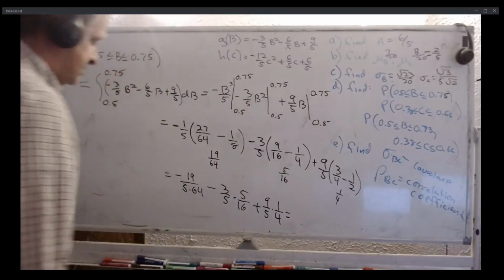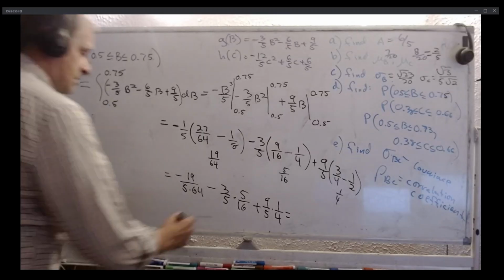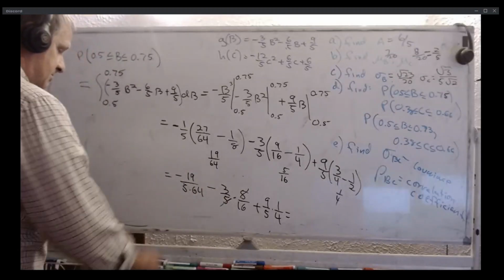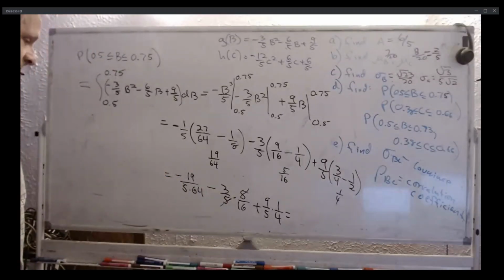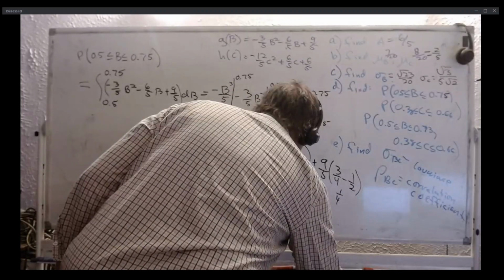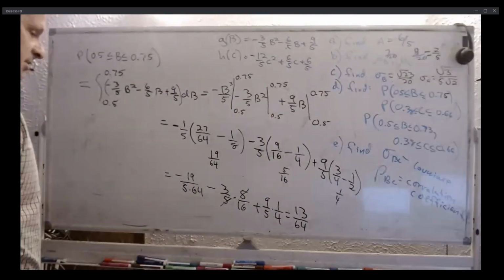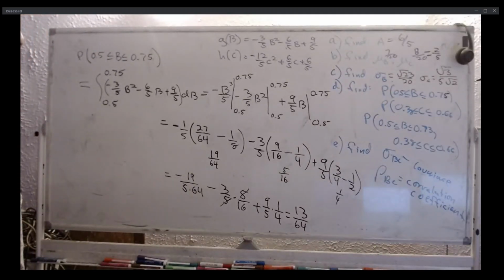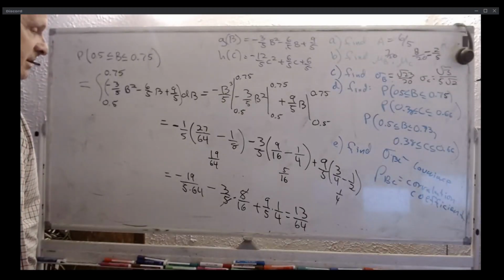You can do a little magic, and well, that goes away, right? That's 9/20 minus 3/16 minus this. Somebody give me a number. I got 13/64. I will buy that. I'll totally buy that, actually. Yep. Any questions on this?